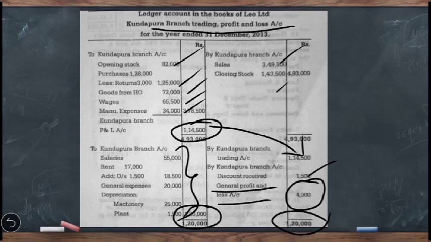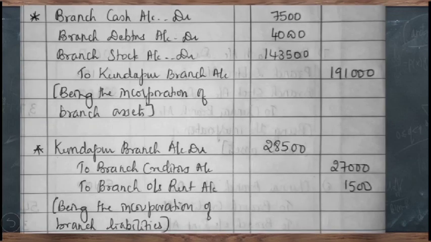Now another 2 entries we have to pass for incorporating the branch assets and liabilities. The entries are, for incorporating the branch cash, debtors and stock, the entry is branch cash account debit 7,500, branch debtors account debit 40,000, branch stock account debit 1,43,500 to Kundapur branch account. Then for incorporating the liabilities of the branch, we have the entry Kundapur branch account debit.